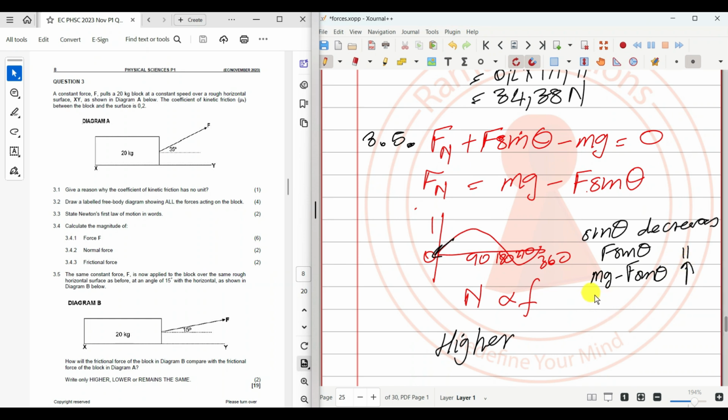When that happens, the F sub n will increase. And because of this relationship, the friction will be higher than what you had. Okay, perfect. Now, we're done with this. With all the yada yadding, we were able to finish it in 19 minutes.